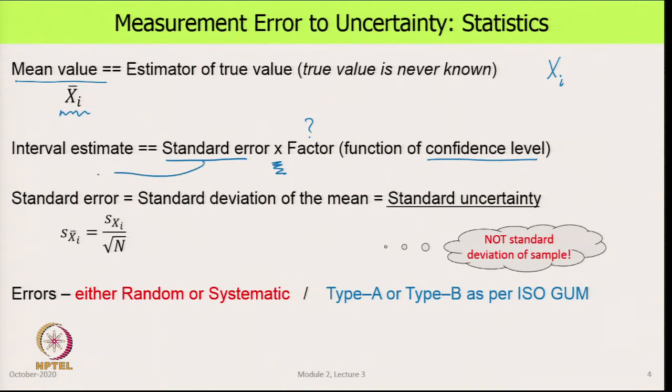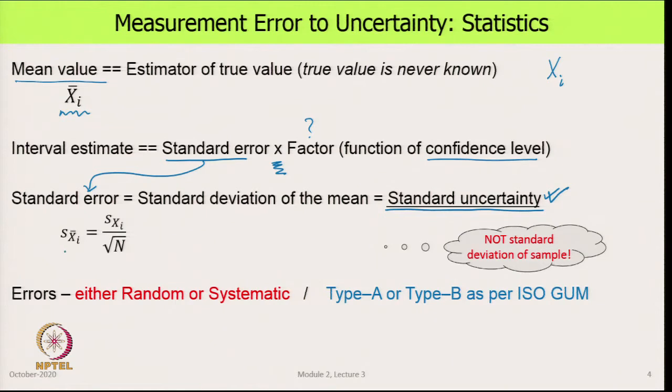So, what is the standard error? That is what brings us over here. The standard error is the standard deviation of the mean, which henceforth in uncertainty analysis we call the standard uncertainty. This word will come all the time. So, this is important to know.